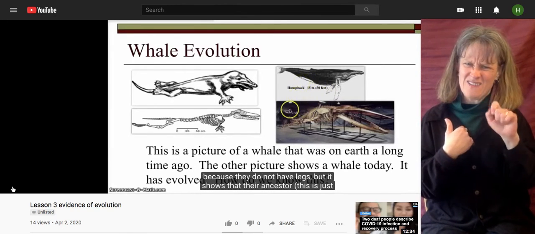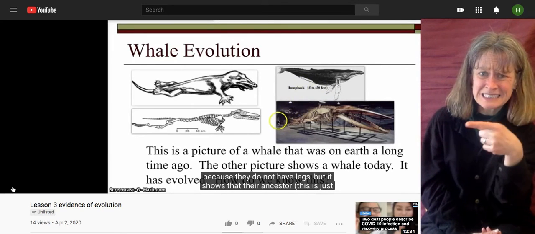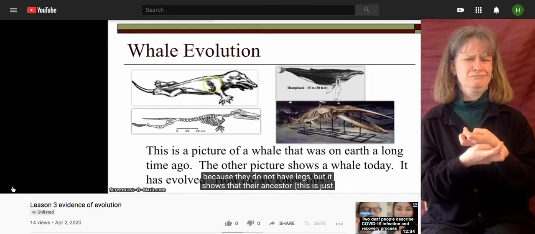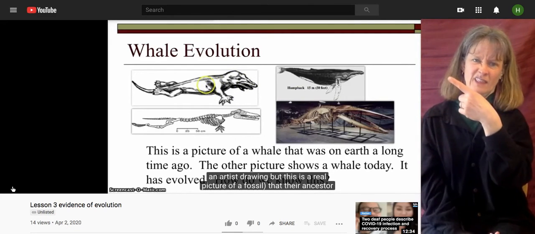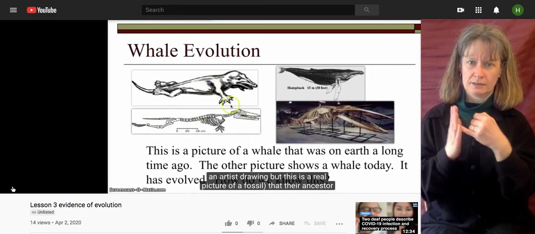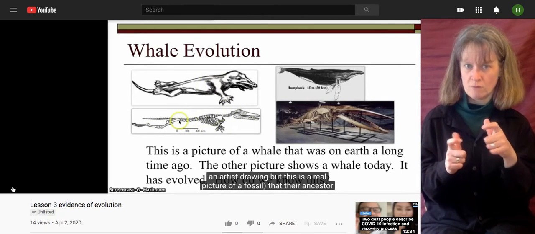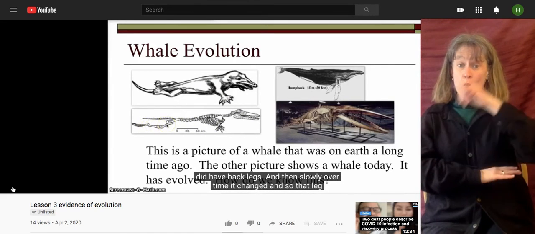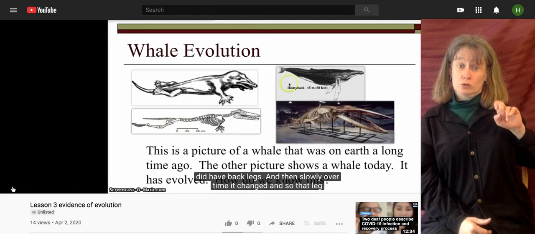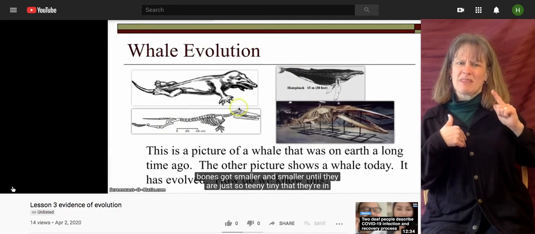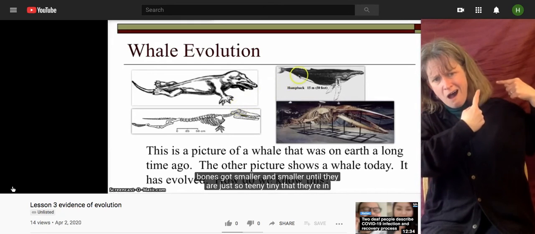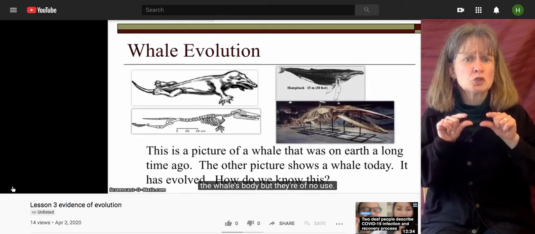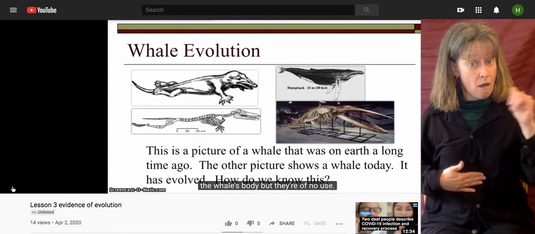It's so strange because they do not have legs, but it shows that their ancestor, this is just an artist's drawing, but this is a real picture of a fossil, that their ancestor did have back legs, and then slowly over time it changed, and so the leg bones got smaller and smaller until they are just so teeny tiny that they're in the whale's body, but they're of no use.